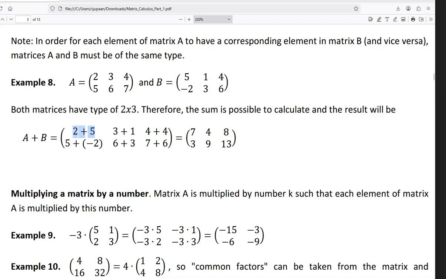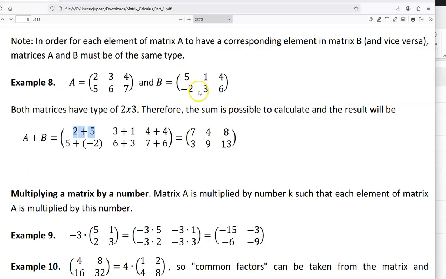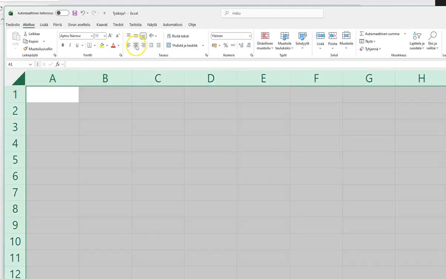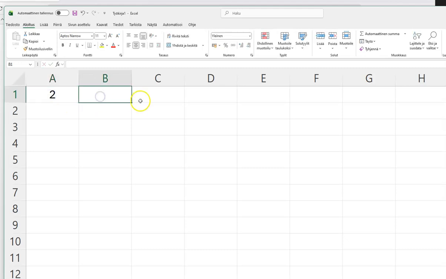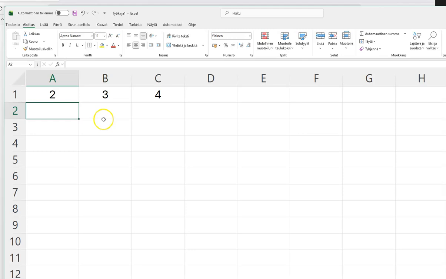If we use Excel to calculate the sum of two matrices, it is a very easy way to do that. I will do it here. This is the first matrix.